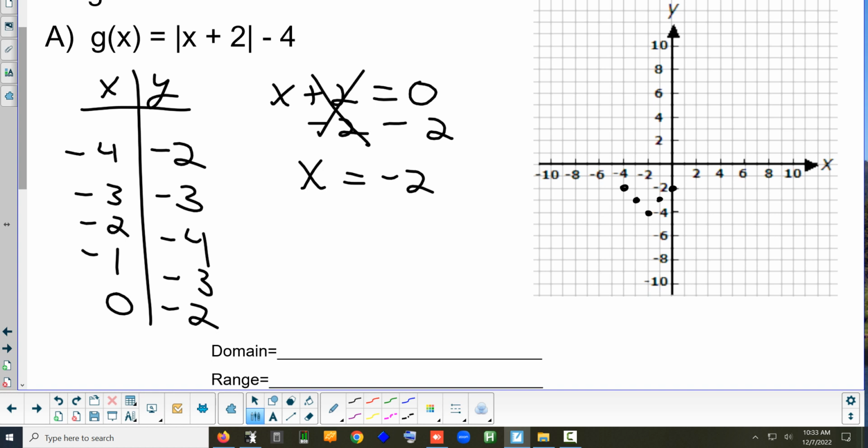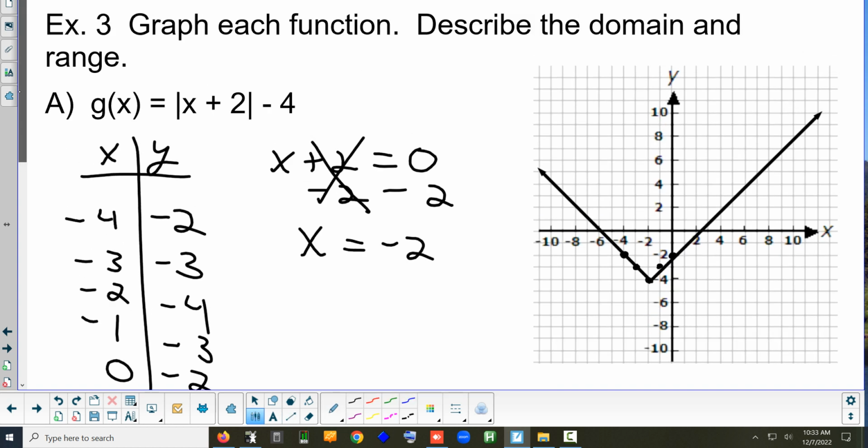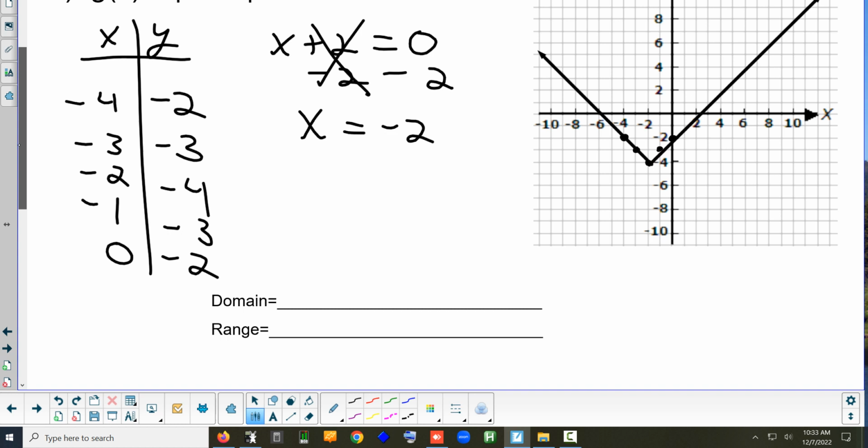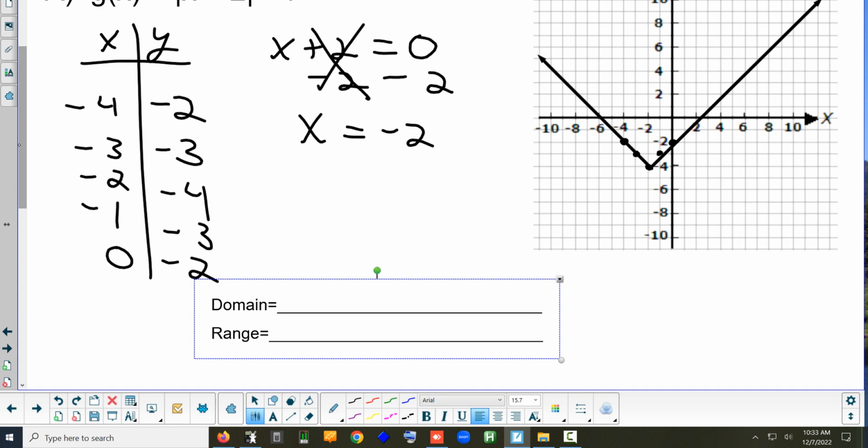Just down 2. Okay. Now, draw your V shape. Okay, so they wanted us to do what? Graph it. Okay, we did that. Now describe the domain and the range. Okay, what's the domain?